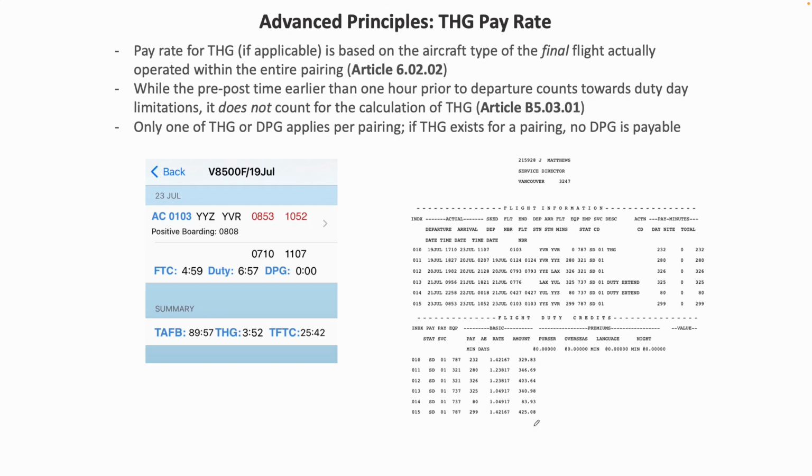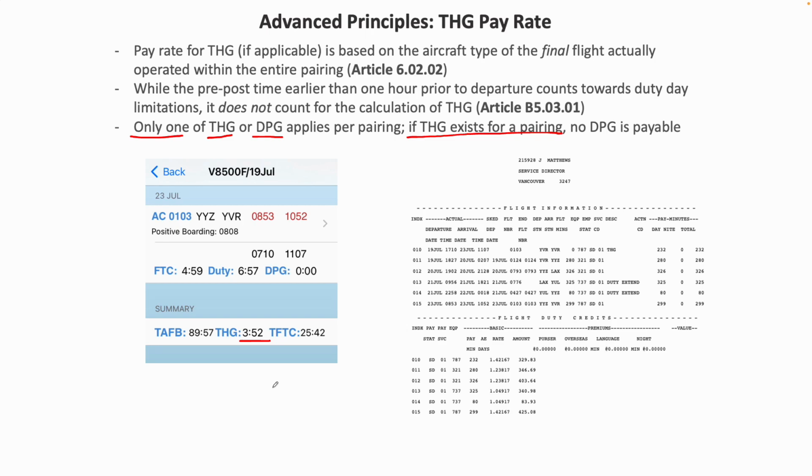I will also point out that only one of THG or DPG applies in a pairing. The easiest way to figure out which one does is if there is THG that exists for a pairing, then no DPG is payable. So for this particular pairing, I had 3 hours and 52 minutes of THG payable.